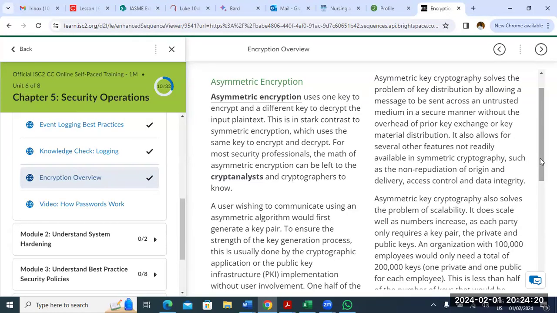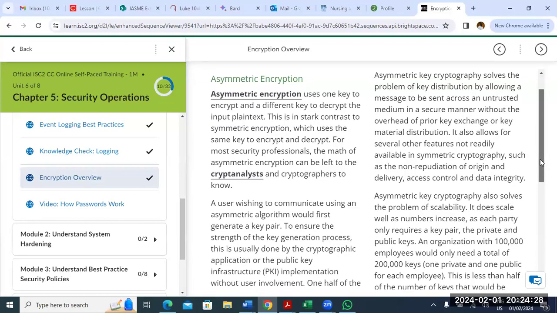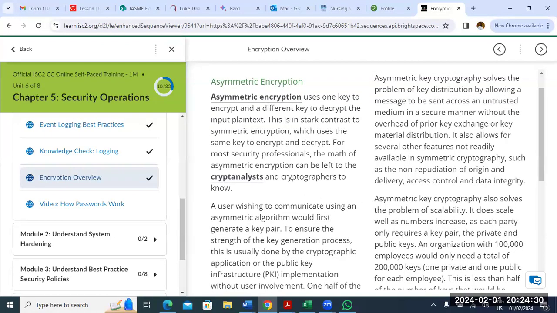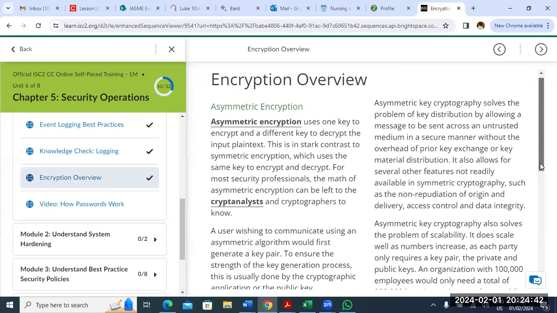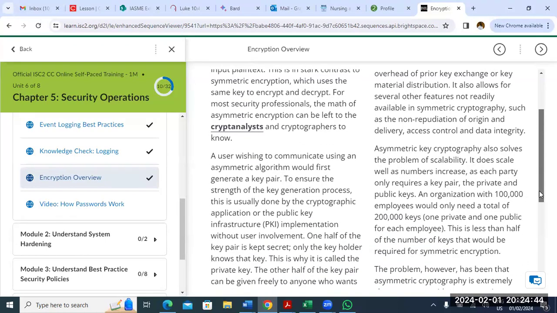So this is a stark contrast to symmetric encryption, which uses the same key. For most security professionals, the math of asymmetric encryption can be left to the cryptanalysts and the cryptographers to know. Just some terms that we need to be familiar with.